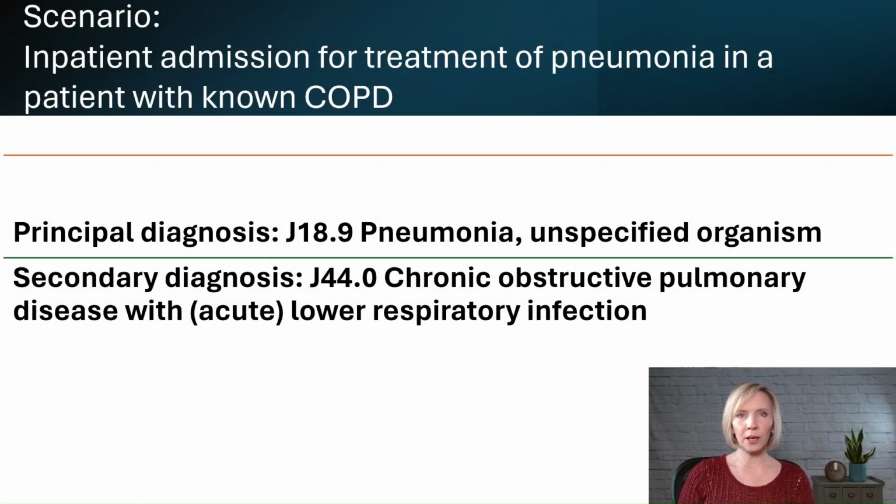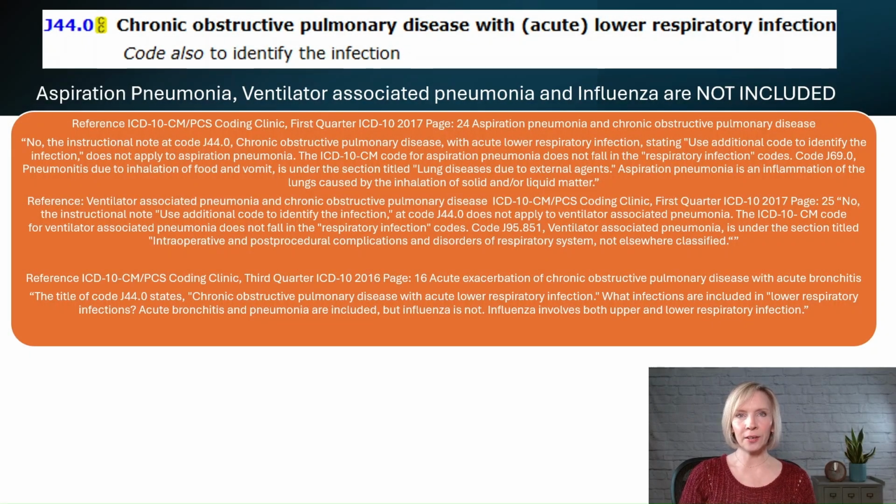For instance, when a patient is admitted for treatment of pneumonia and has a known history of COPD, you would assign the code for the pneumonia as the principal diagnosis, since this was the condition responsible for the inpatient admission, followed by J44.0.